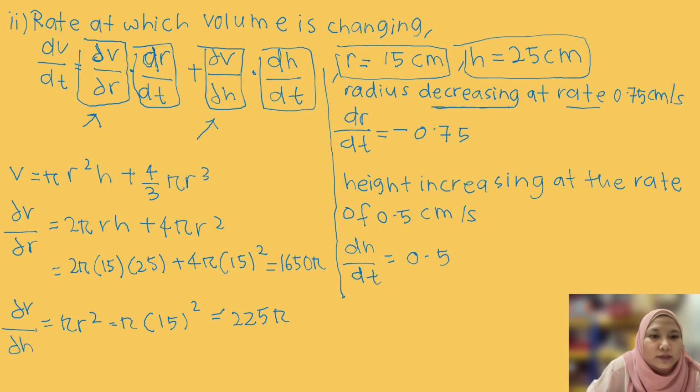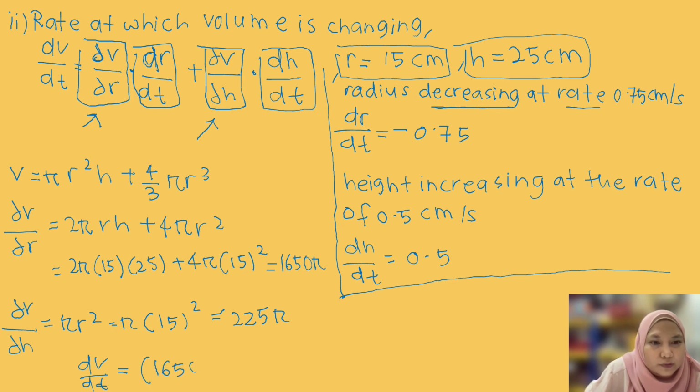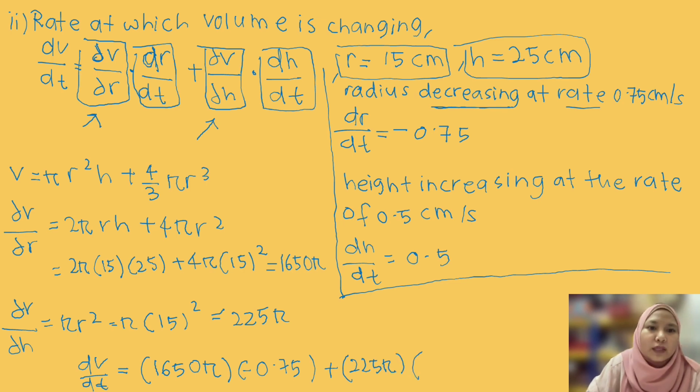Now we can substitute into the formula. dV/dt, the rate of change of the volume, equals dV/dr, which is 1650 pi, multiplied with dr/dt, which is negative 0.75, plus dV/dh, 225 pi, multiplied with dh/dt, which is 0.5.